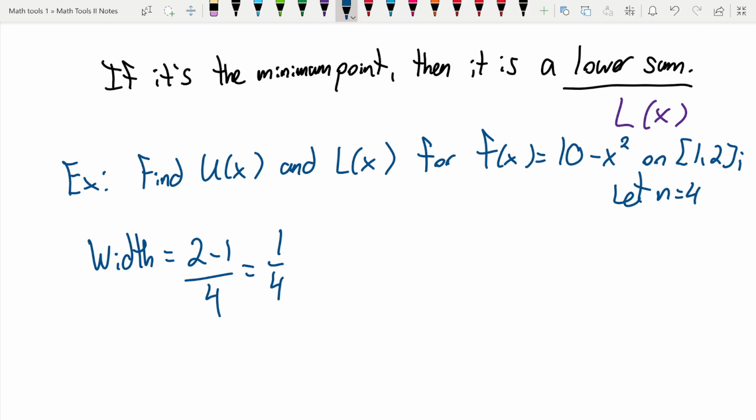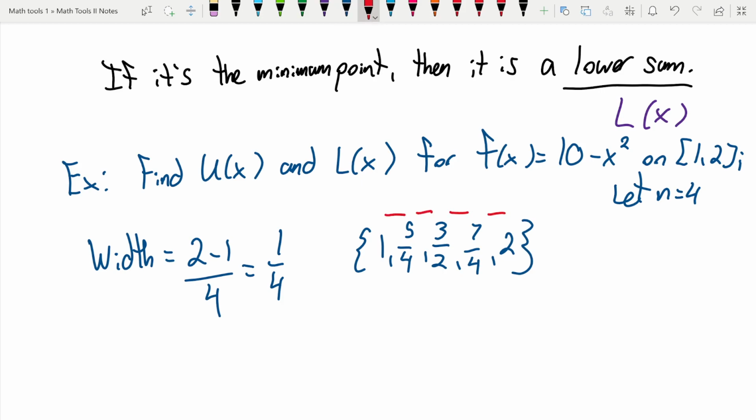So essentially the points that we might be looking at are 1, 5/4, 1 2/4, which is 6/4, which is 3/2, 7/4, and 2. Right, so we have this interval, this interval, this interval, this interval. So those are our 4 subintervals.